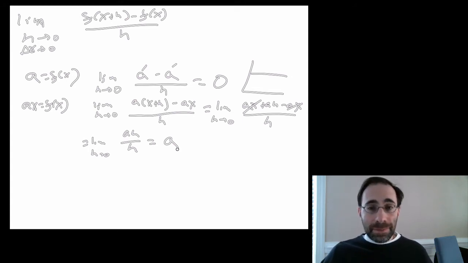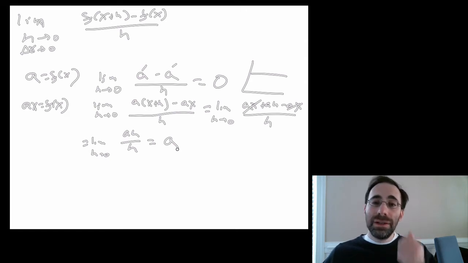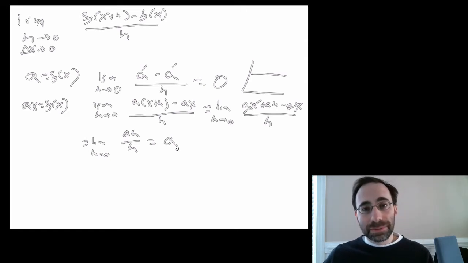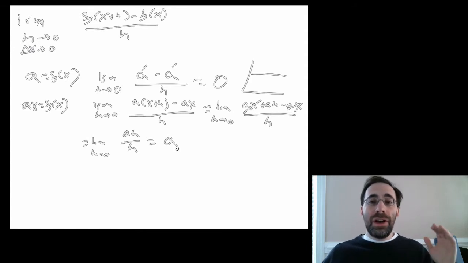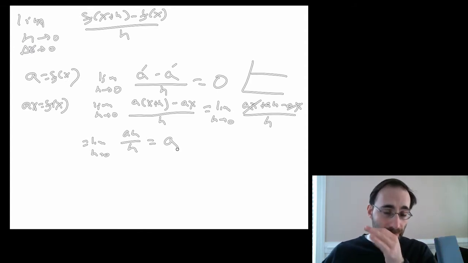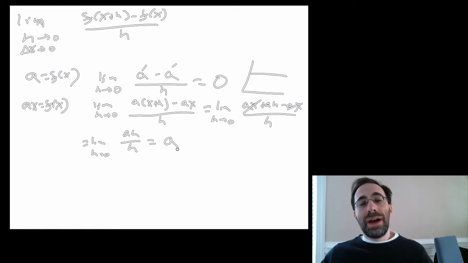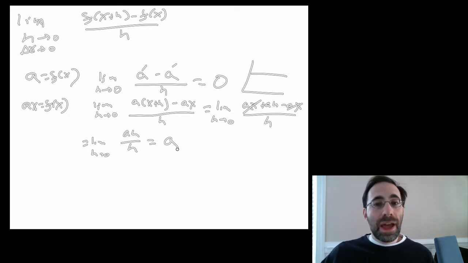The second term, the second highest power of x, will have an h attached to it. The h's will cancel with the h in the denominator, leaving the second highest term in x, and all the rest of the powers will have higher powers of h in them, and that will vanish when the limit is taken.